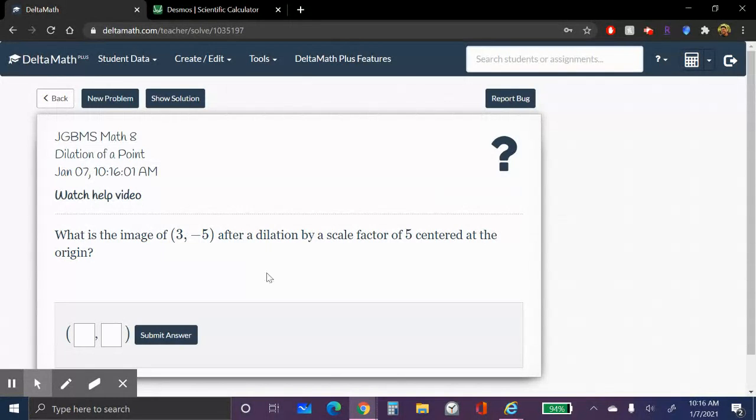So 3 times 5 is 15. -5 times 5 is -25. So this image became, well, not bigger since the point stayed the same, but the numbers in the coordinates became bigger.